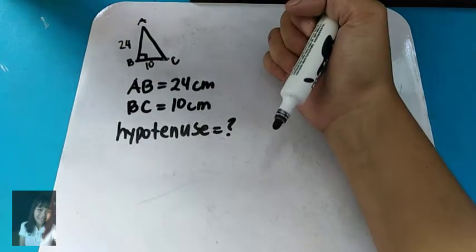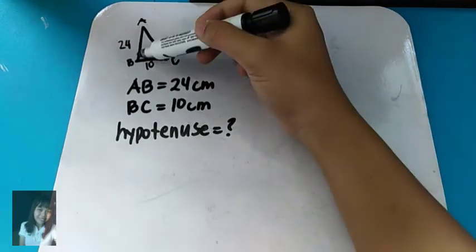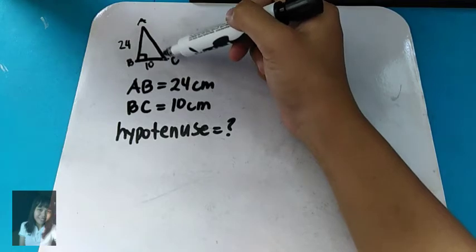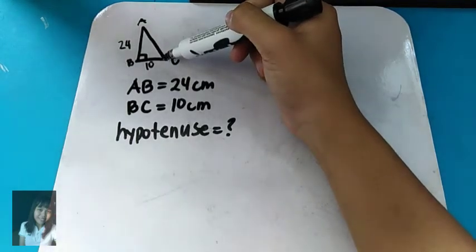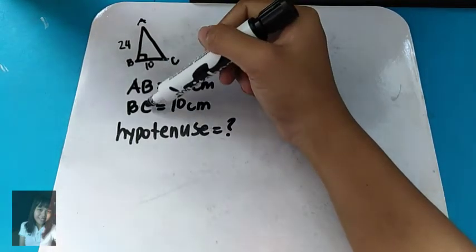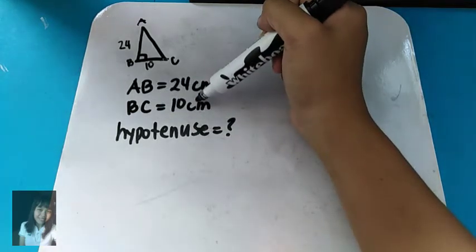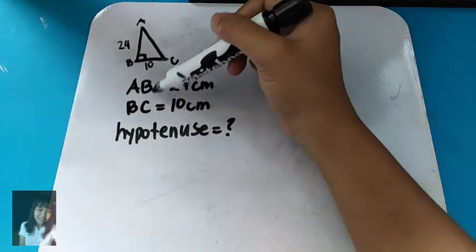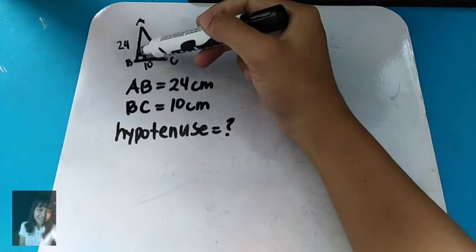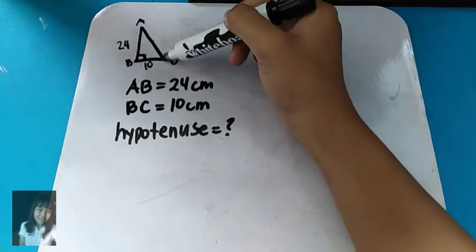We should remember that the right triangle has three sides: the long side, the short side, and the longest side. The longest side also refers to the hypotenuse. If we compare the length of AB to BC, we can see that AB is longer than BC, so AB is the long side, while BC is the short side.